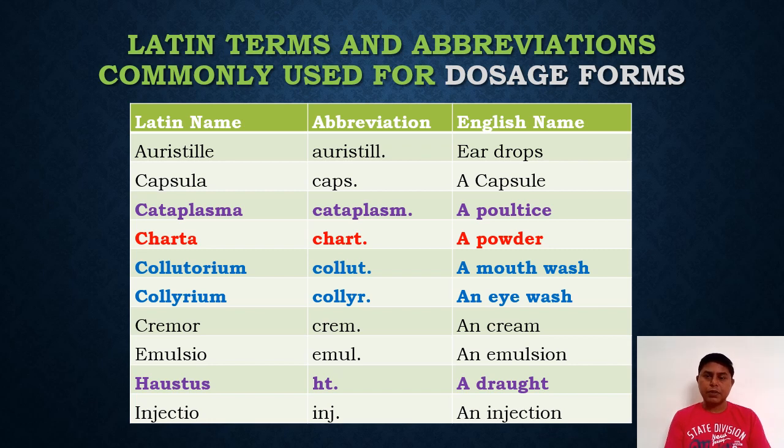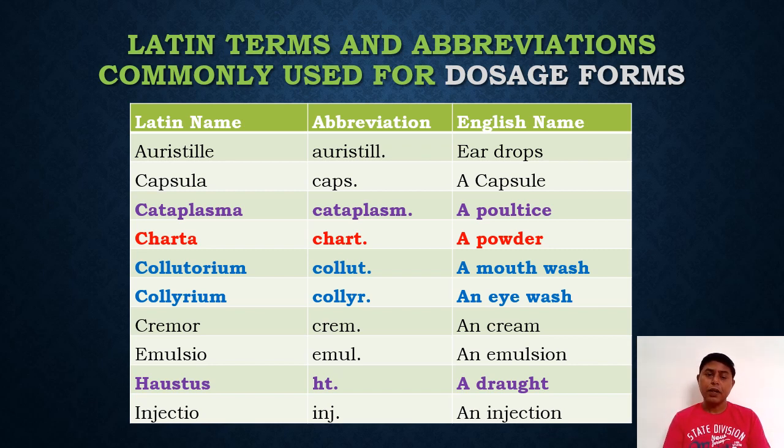There are many dosage forms which we are using for preparing the different formulations like: auristilla, in English it is called eardrop; capsula, a capsule; cataplasma, a poultice; charta, a powder; collutorium, a mouthwash; collyrium, an eye wash; cremor, a cream; emulsio, an emulsion; haustus, a draught; injectio, that is an injection.